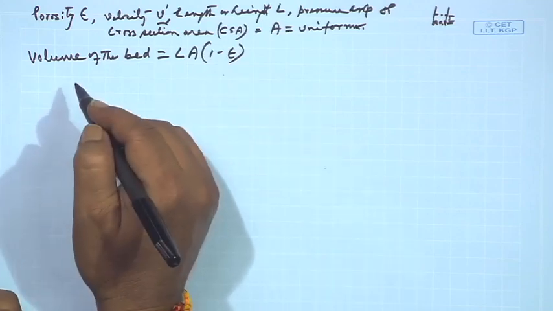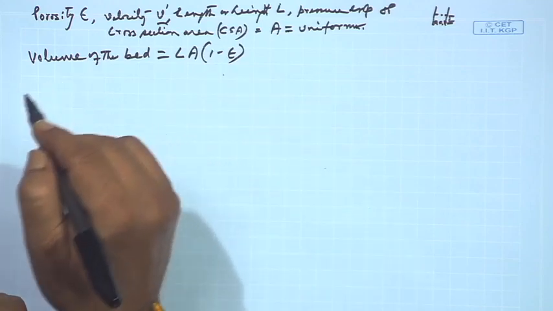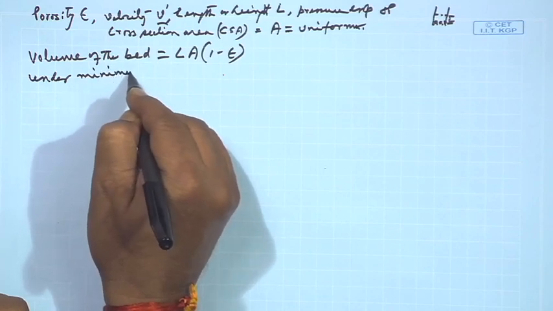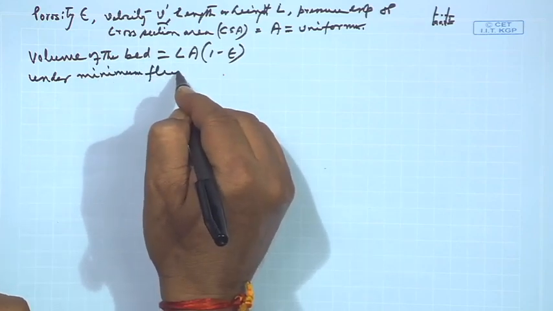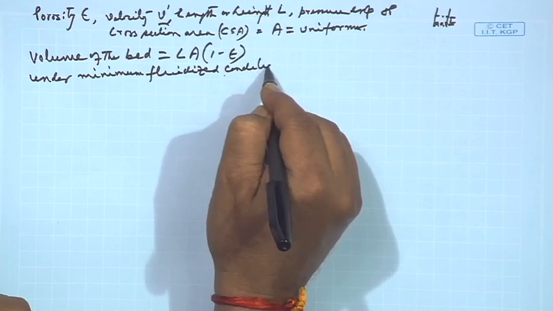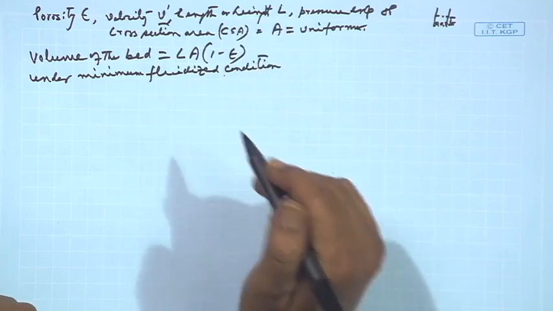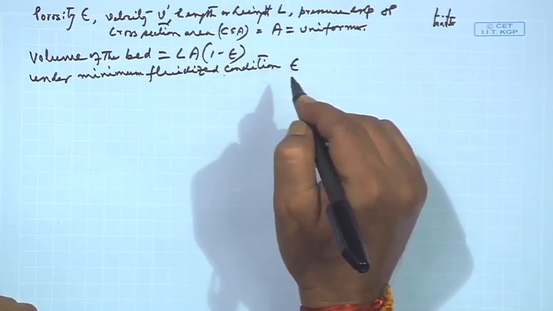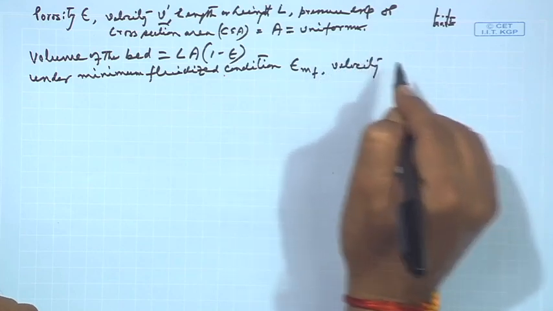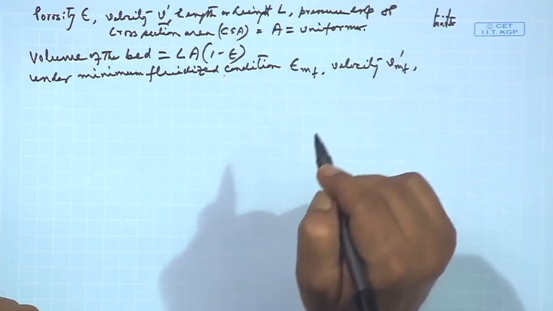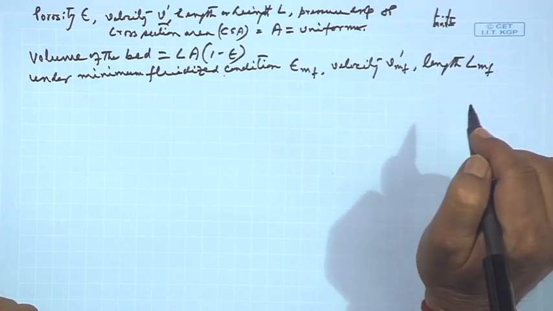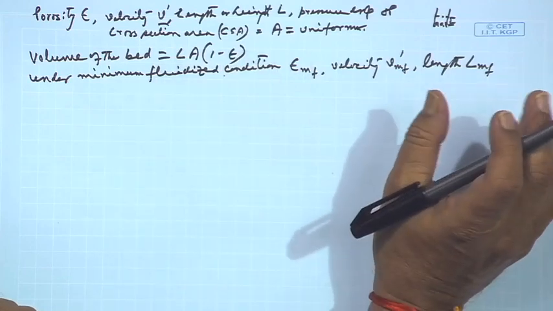Now, under minimum fluidized condition, corresponding to epsilon, it is epsilon mf, the velocity is V mf prime, and the length is L mf. The area remains the same, the area of the particles.